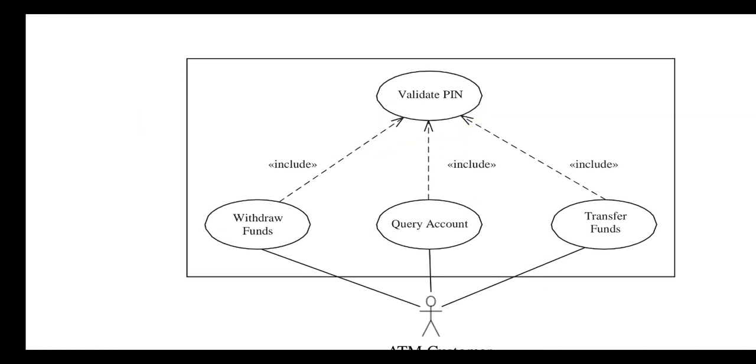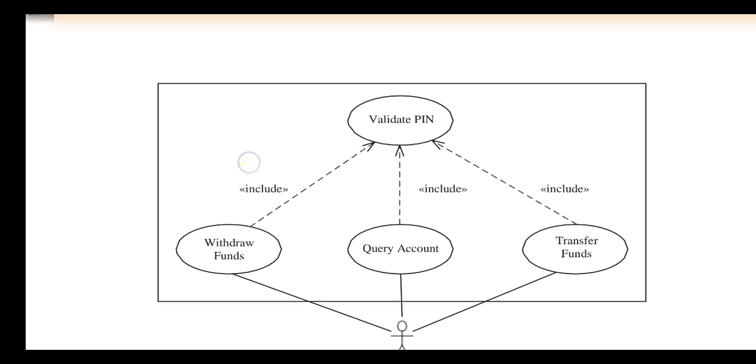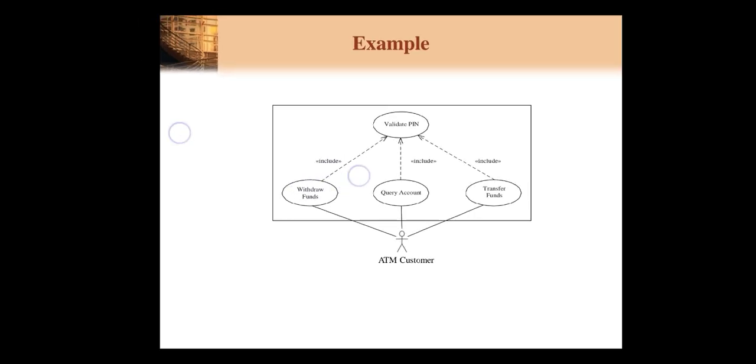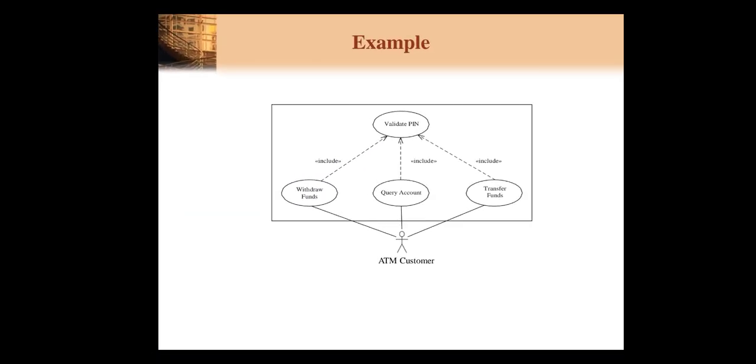We are showing that this validate PIN sequence is included in these three base use cases with the help of the include relationship. How to show the include relationship? With the help of a dotted arrow, and here we are saying that this is our include relationship. In this way you can show the include relationship.